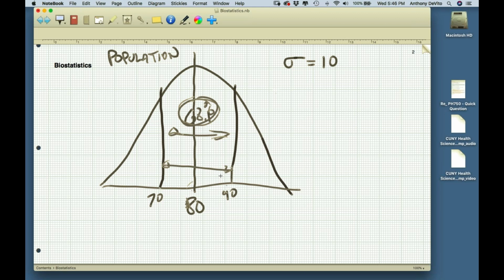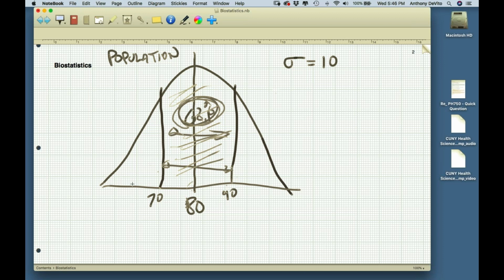The other way is as a probability, where the whole area of this distribution represents 100%, or 1 as a fraction. The probability that an individual you picked at random would have a blood pressure between 70 and 90 is 68%. You could look at this area as representing the probability that you would select someone from this population in that range.